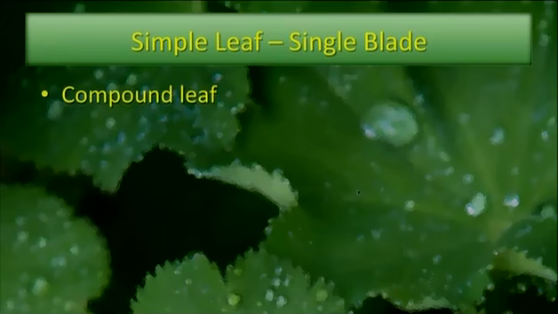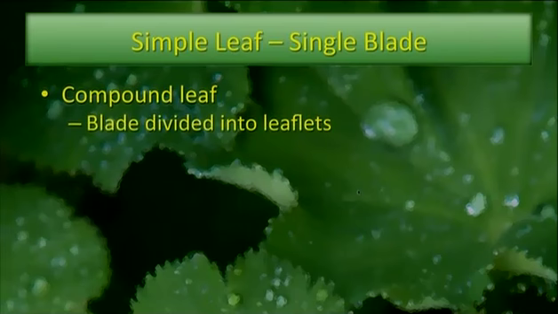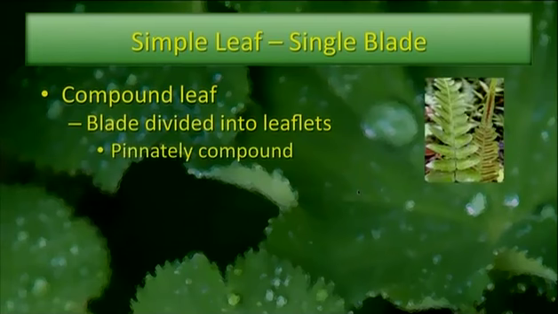Now a simple leaf is made up of a single blade. It means the blade is not dissected. A compound leaf has a blade divided into leaflets. Pinnately compound leaves have the leaflets along a central part, an extension of the petiole called the rachis.